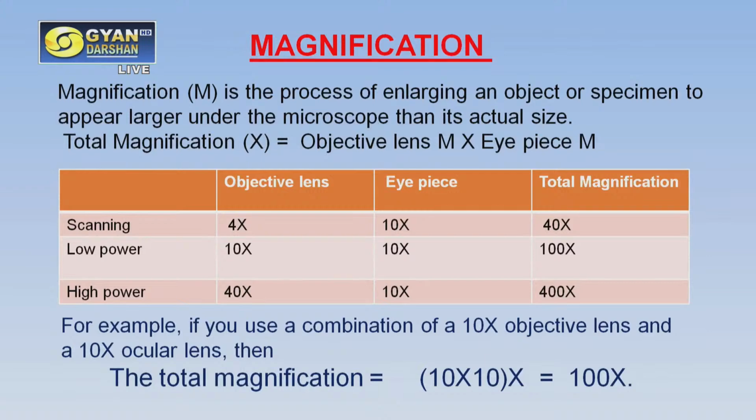Magnification is the process of enlarging an object or specimen under the light microscope. Generally, magnification is a combination of the objective lens and the eyepiece.